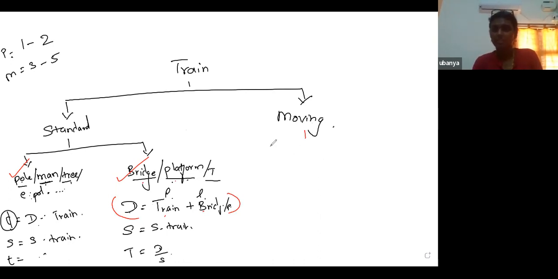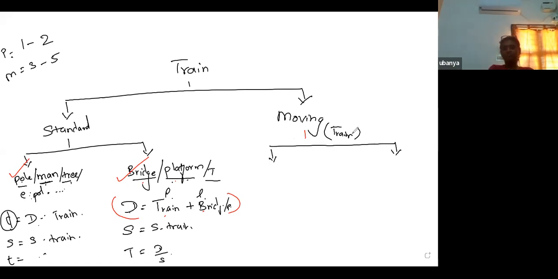a train is moving, another train. A train is crossing another train. This is the case. So the first section will decide, like a car, a running man, or a cycle, which is moving.